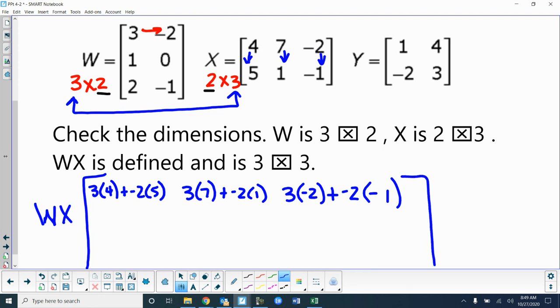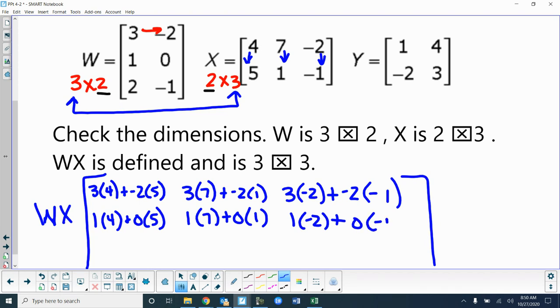Now I do the same thing for this middle one, but what numbers do I use in the 3 and -2 spot? 1 and 0. So it's 1 times 4 plus 0 times 5, 1 times 7 plus 0 times 1, 1 times -2 plus 0 times -1.